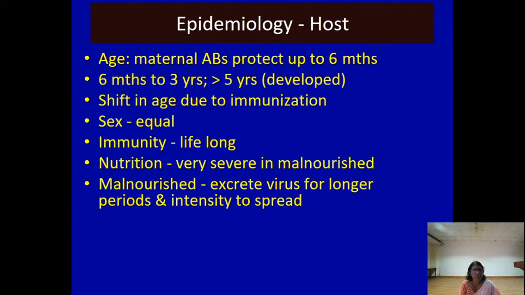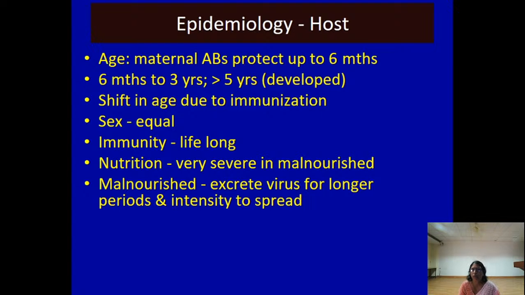Age. The maternal antibodies usually protect the infant up to 6 months. That's why we don't give vaccine before 6 months. Even if you vaccinate the child before 6 months, it is of no use because the maternal antibodies are already circulating and it will not help the infant to increase the immunity against the disease.